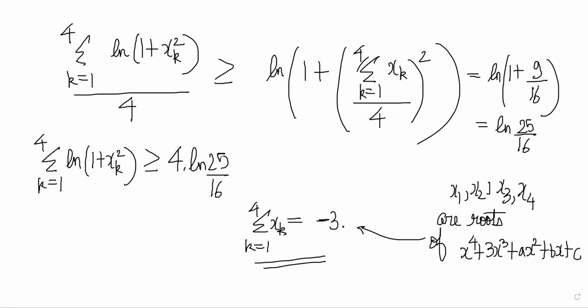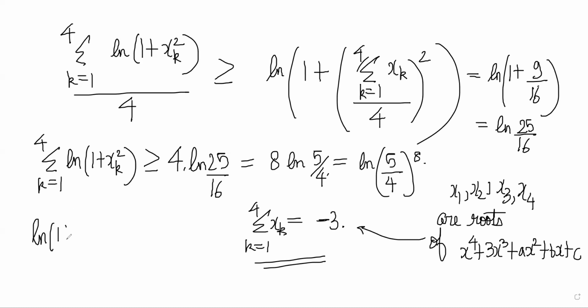So you can write it as 8 times ln 5 by 4, which is equal to ln of 5 by 4 power 8, and which implies that the summation of k goes from 1 to 4 ln of 1 plus x square is greater than or equal to this.